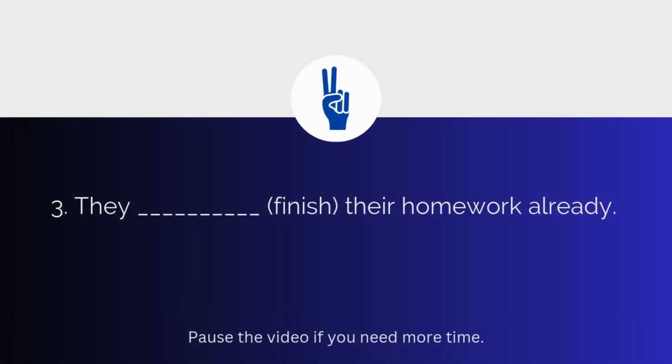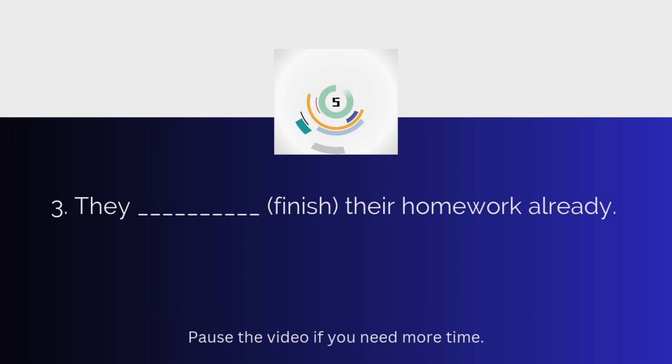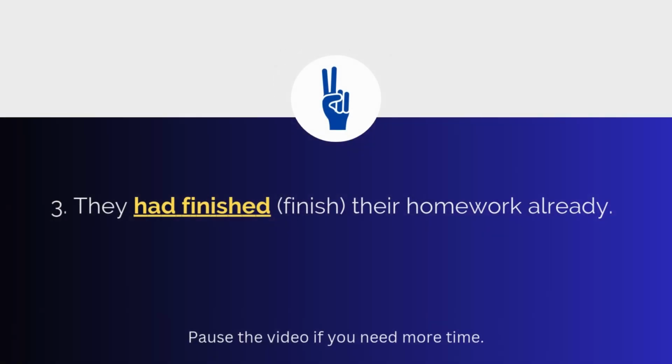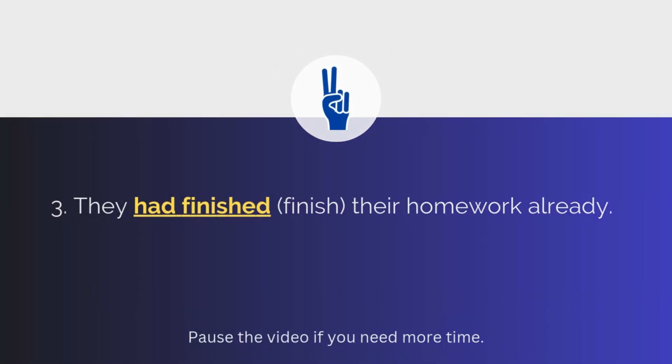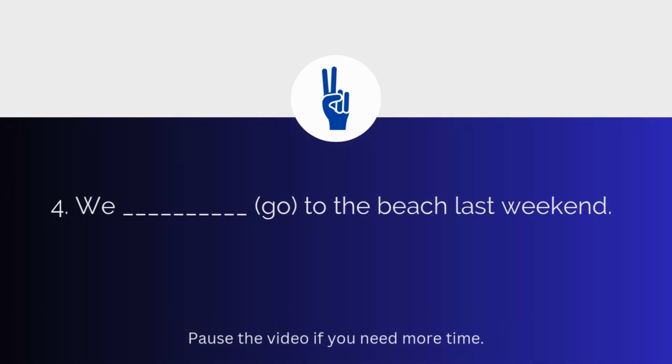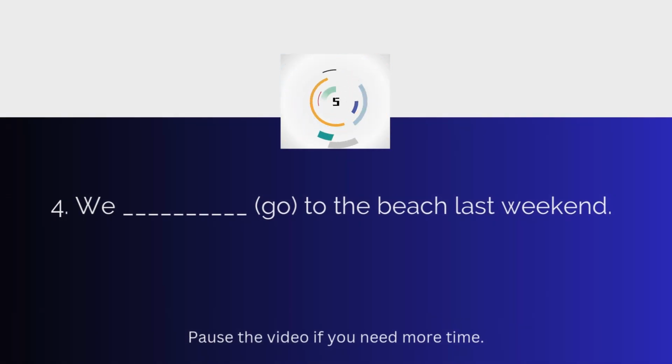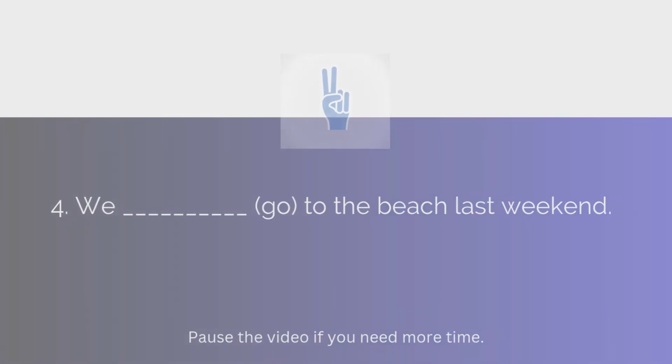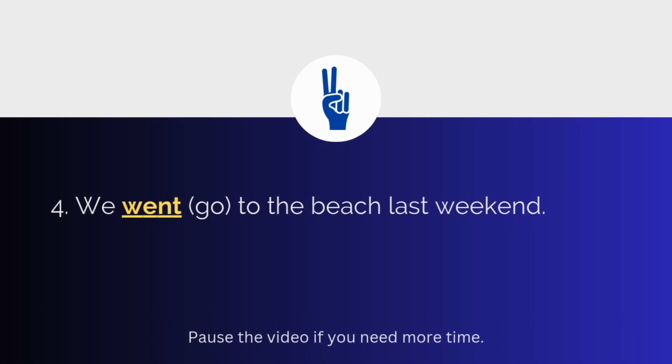They finish their homework already. The answer is they had finished their homework already. 4. We go to the beach last weekend. The answer is we went to the beach last weekend.